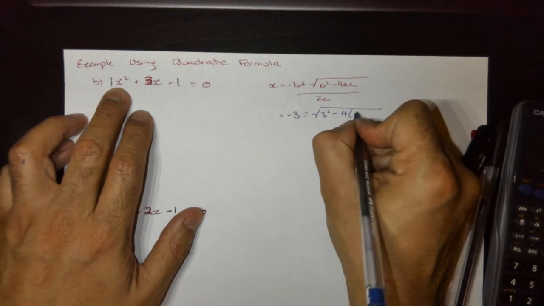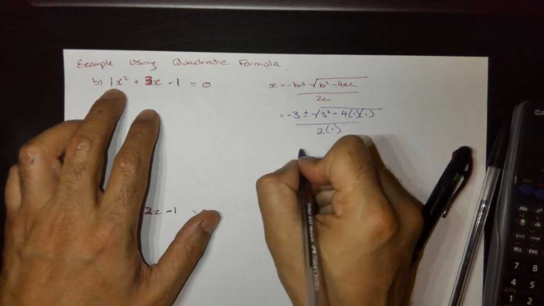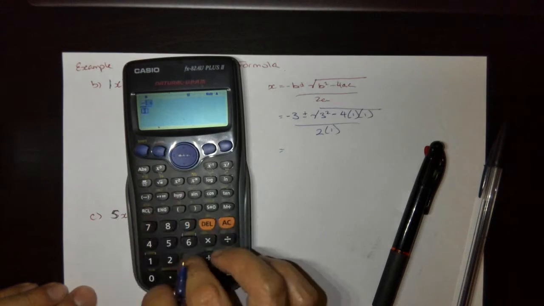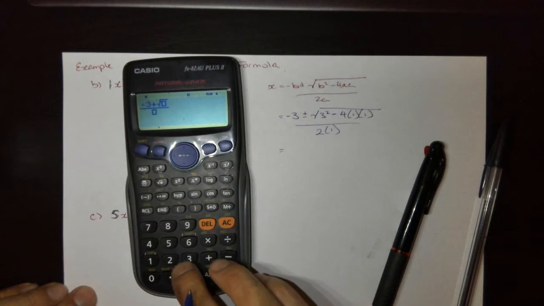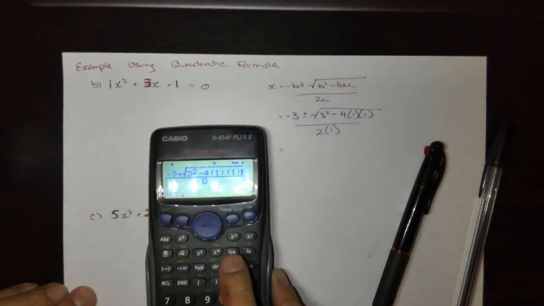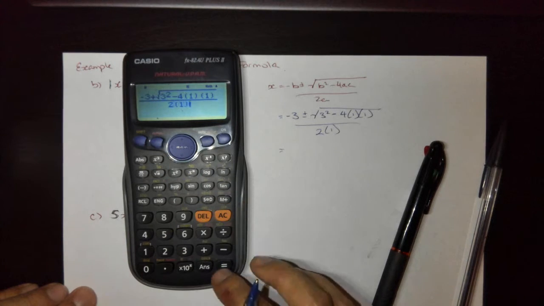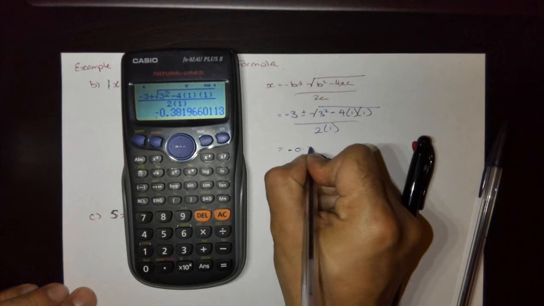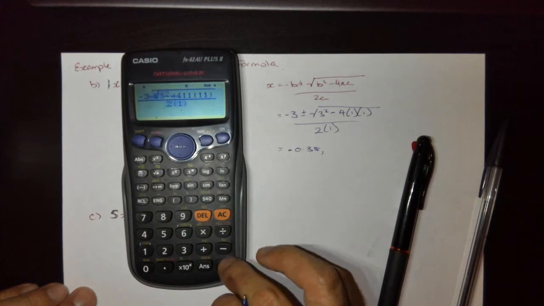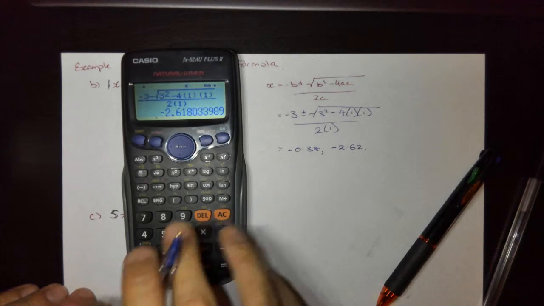My a is 1 and my c is 1 over 2 over 1. Use a calculator. Minus 3 plus square root 3 squared minus 4 lots of 1 and 1, over 2, 1, I get negative 0.38 or negative 2.62.